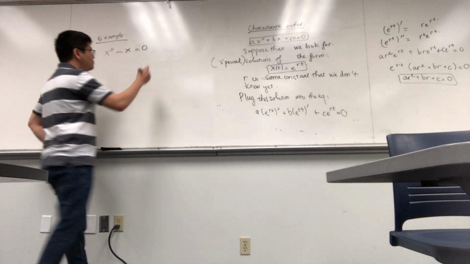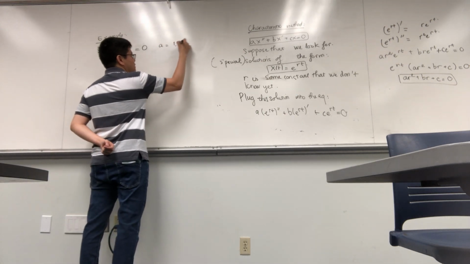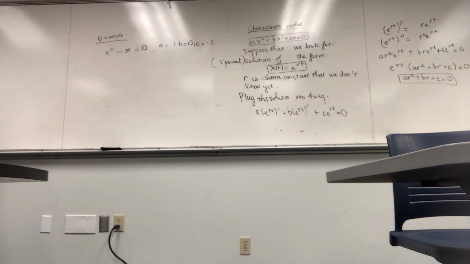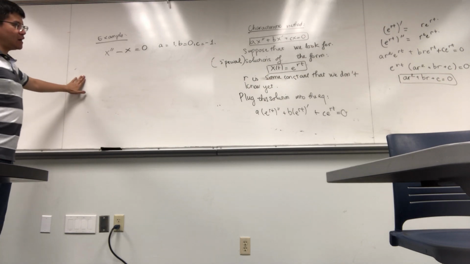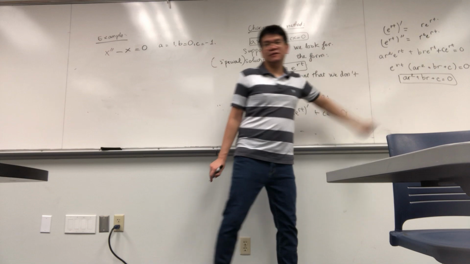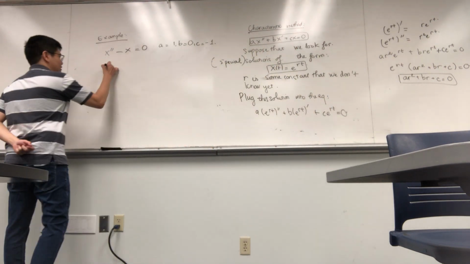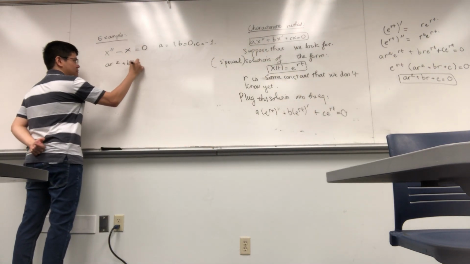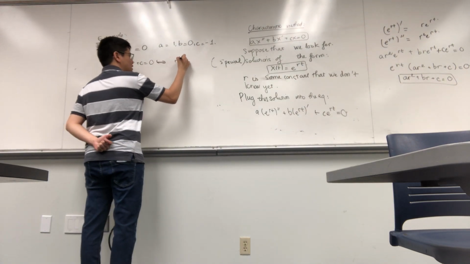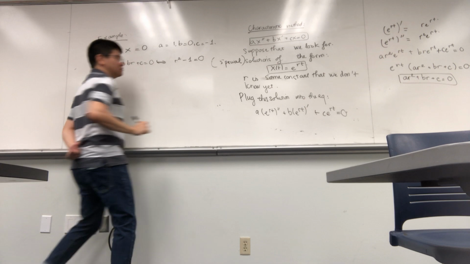In this case, a will be 1, b will be 0, and c will be minus 1. So if I plug everything into this equation, a r squared plus b r plus c is 0, this is equivalent to r squared minus 1 is 0.